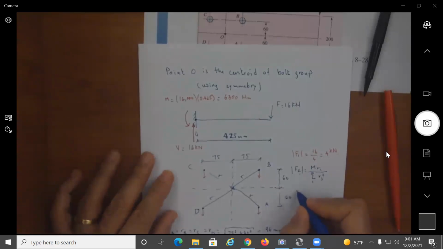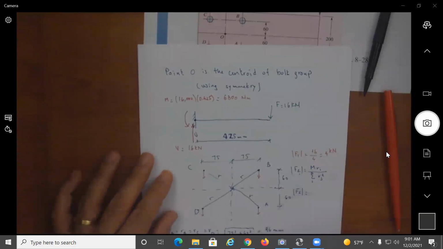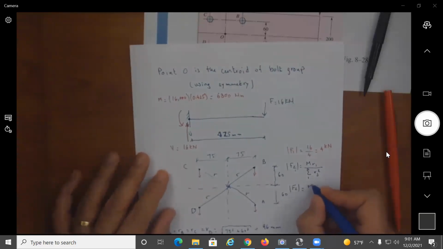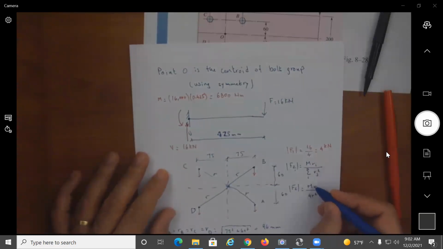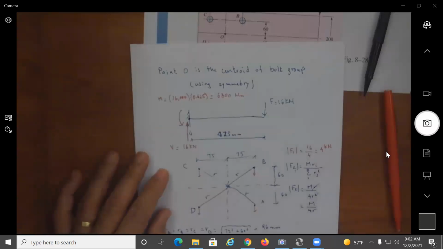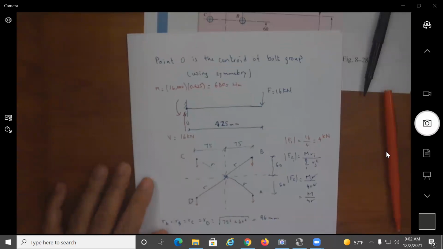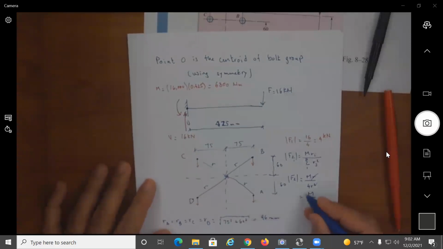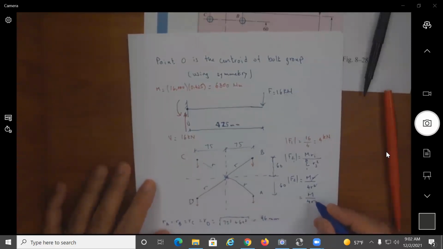I can say that the magnitude of F2 is equal to M R divided by the sum of the R's, which will be 4R squared. I can simplify this and say this is then equal to M divided by 4R. And again, this is for this particular connection, so this is not a formula to use for any type of connection.